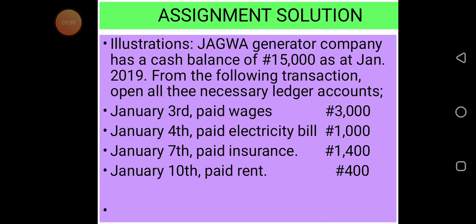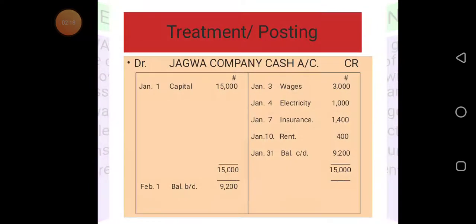January 3rd, paid wages; January 4th, paid electricity bill, 1,000; January 7th, paid insurance, 1,400; January 10th, paid rent of 400 naira. So having said that, we go to the treatment and the posting.